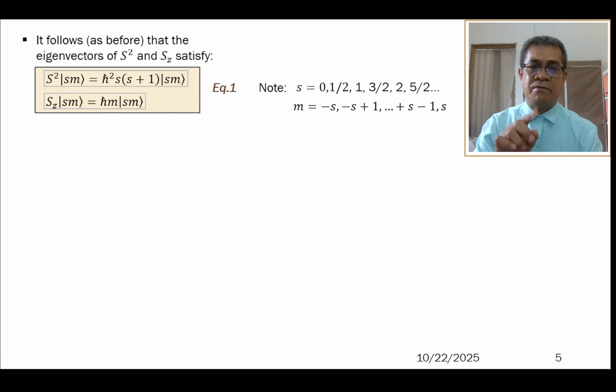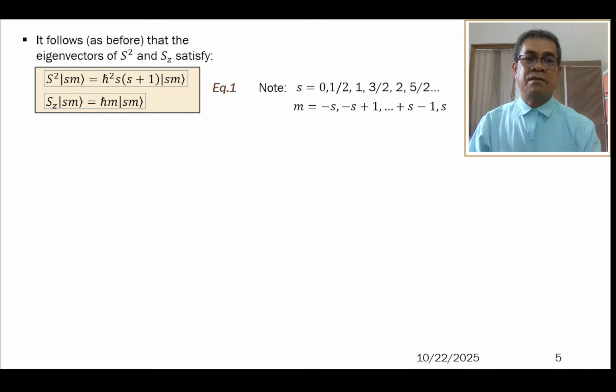You just add 1 half, then that's it. Then m depends upon the value of s, and it starts with negative s and ends with s. So m will depend upon the value of the spin quantum number. m is another quantum number.